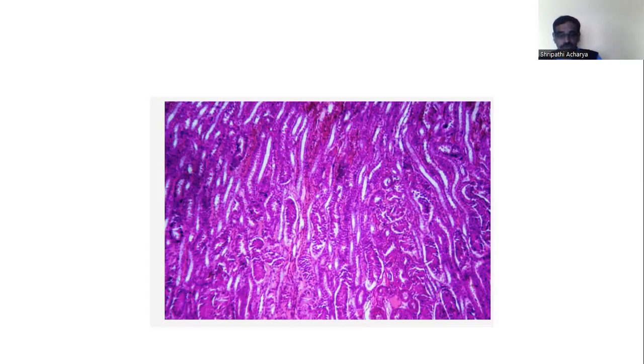Pertaining to the bones, because of overactivity of the parathyroid hormone, there is demineralization of the bones, leading to osteitis fibrosa cystica. Bones become soft and fragile.